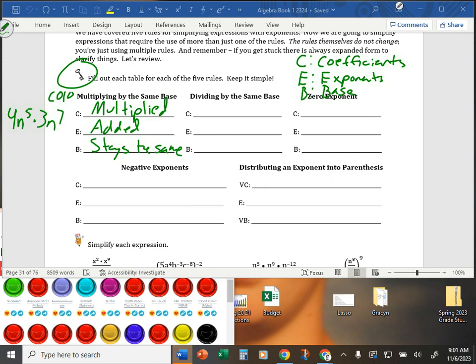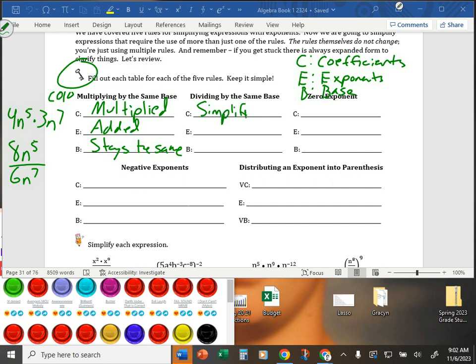For dividing by the same base, when you have a fraction, right? If it's 8n to the 5th over 6n to the 7th, you've got a fraction. What happens with those coefficients? Simplified.